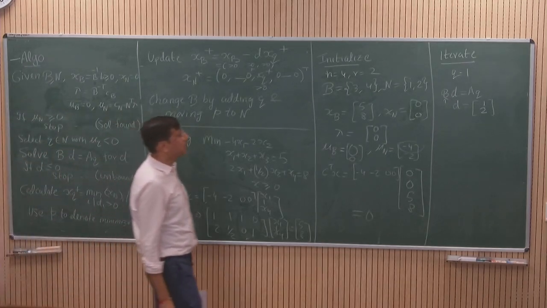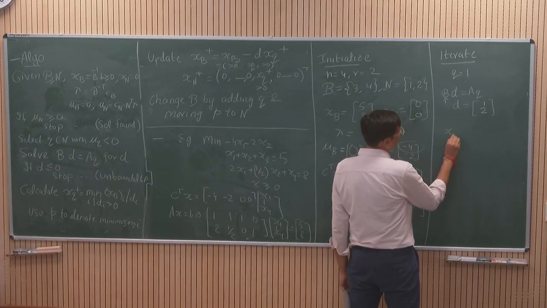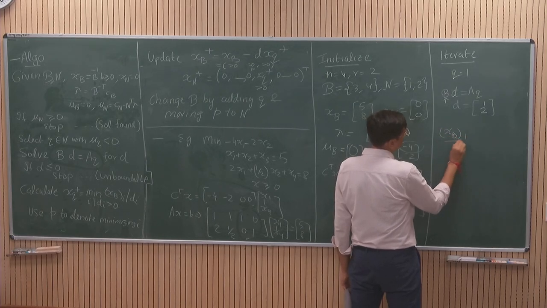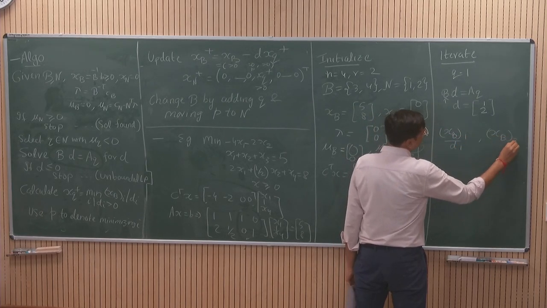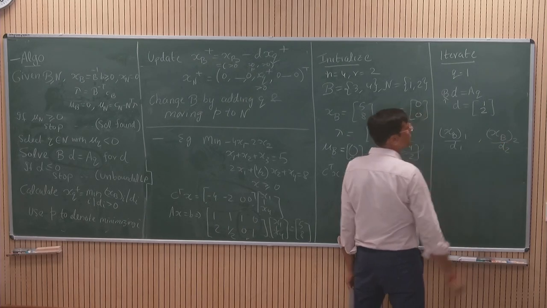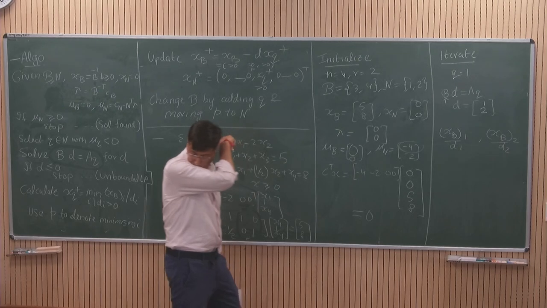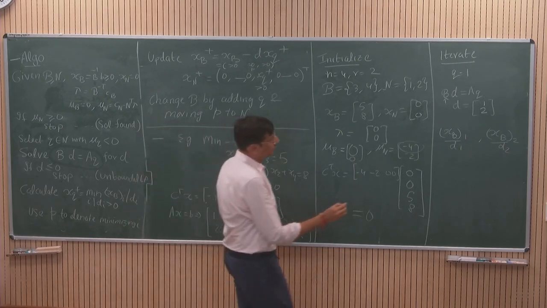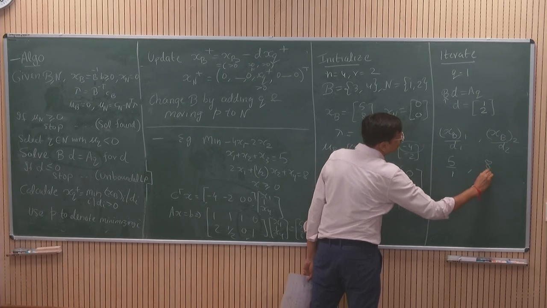We'll calculate XQ plus. To do that, we'll do XB1 divided by D1 and XB2 divided by D2. Correct? What is XB1? 5. What is D1? 1. What is XB2? 8. What is D2? 2.